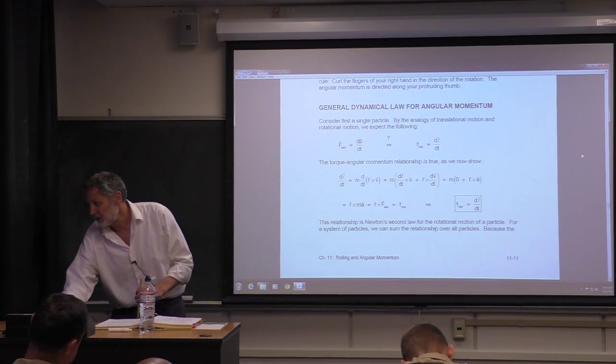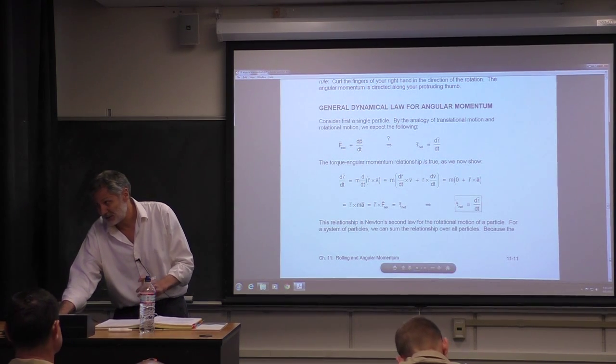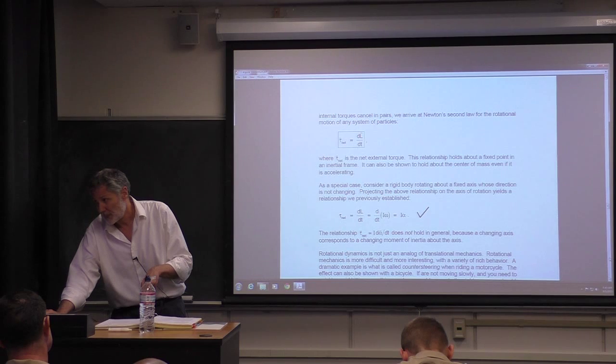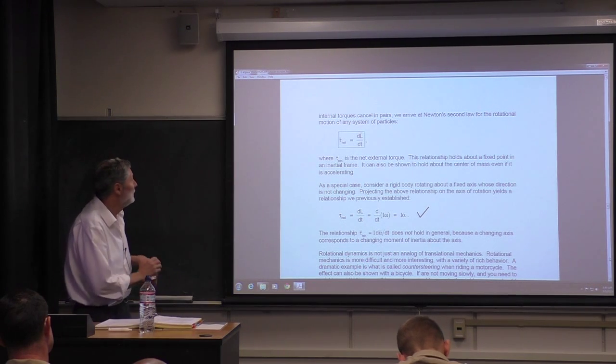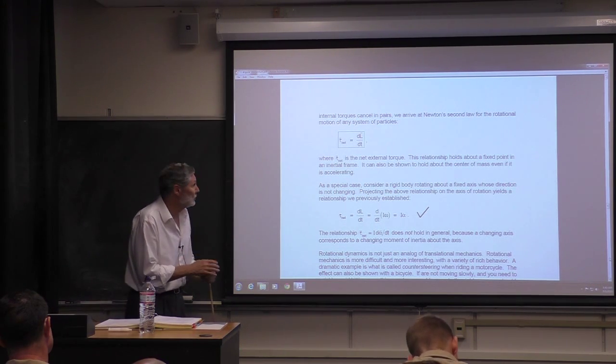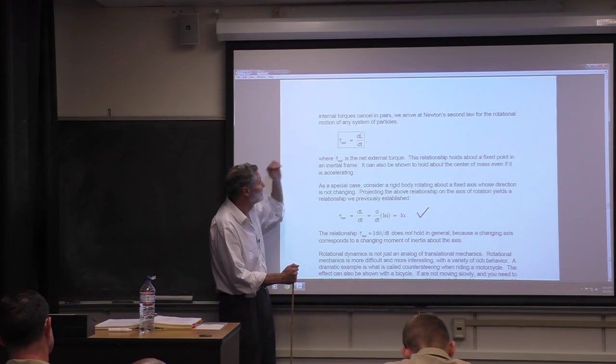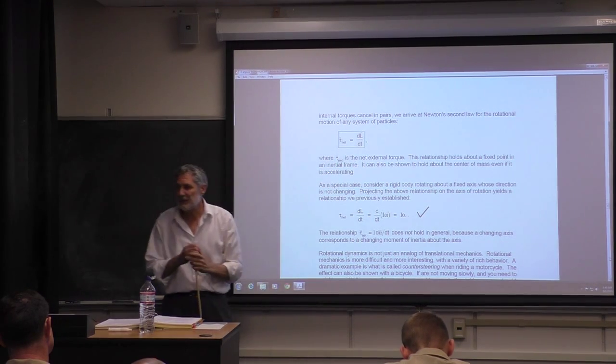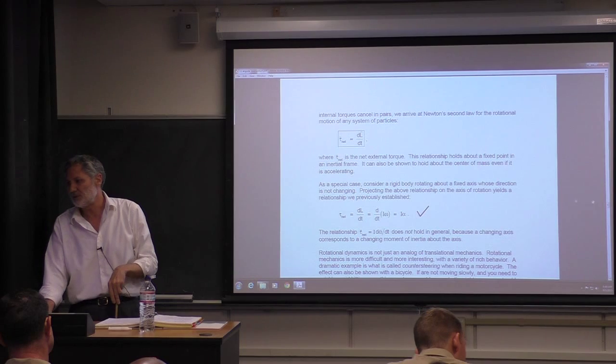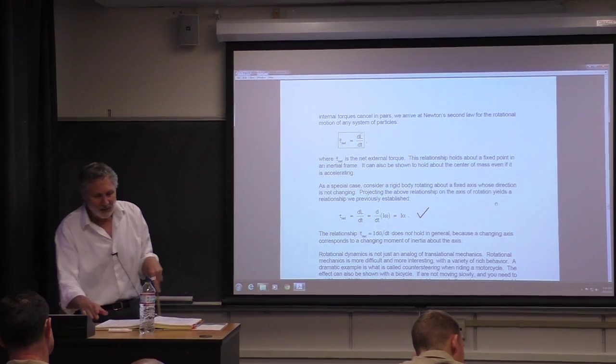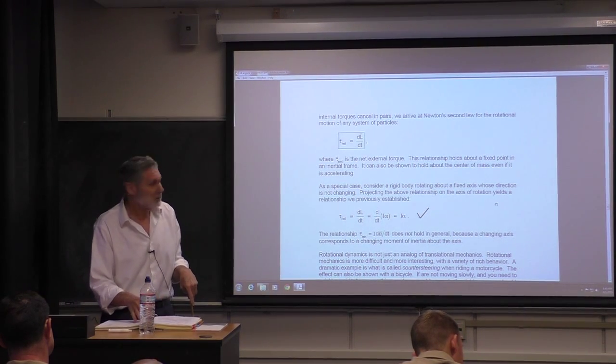What we're going to find is that the net torque is necessarily the net external torque. And on the right-hand side of the equation, we're going to get just the rate of change of the total angular momentum.